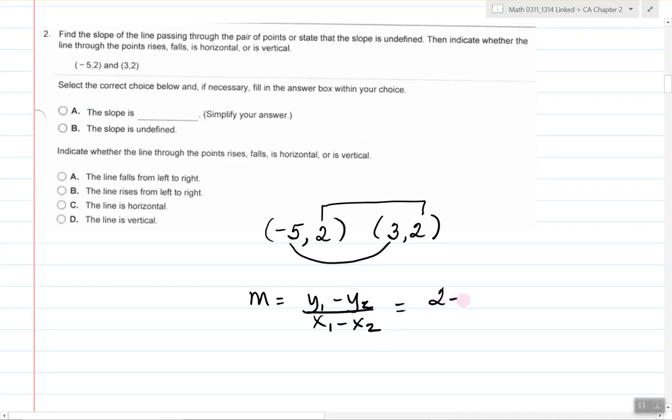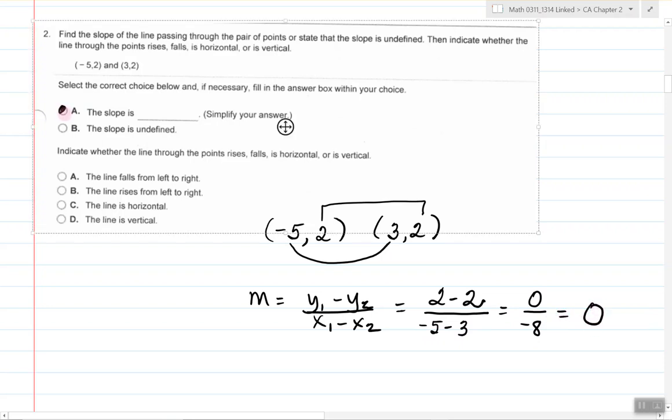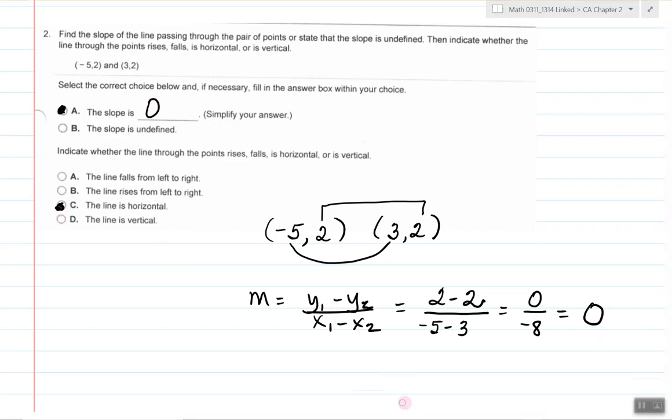It is 2 minus 2, that's the y's, over -5 minus 3. That's 0 over -8, which is 0. So the slope is 0, and it means that it is horizontal, because any line with a 0 slope is horizontal.